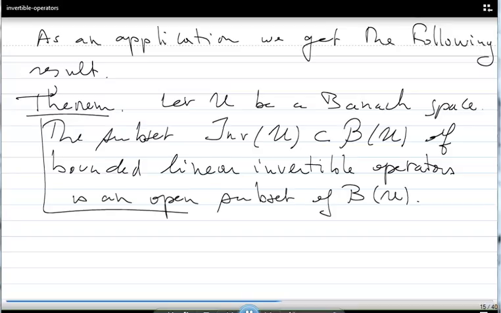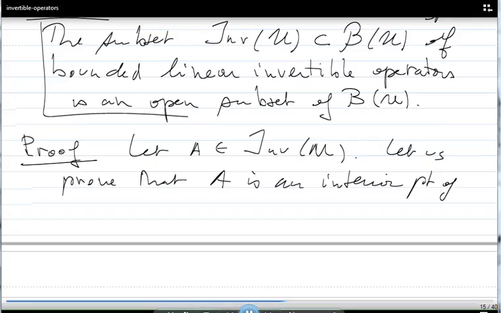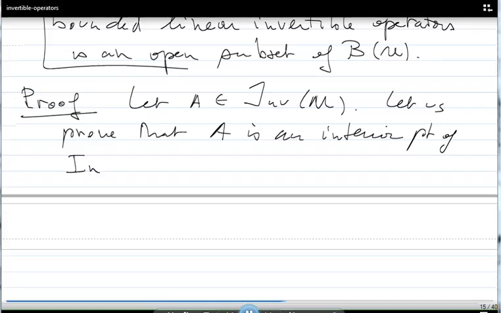So let us first prove from a purely topological point of view that we are dealing with an open set. This is a direct application of the previous theorem. Let A belong to Inv(U). Let us prove that A is an interior point of Inv(U).